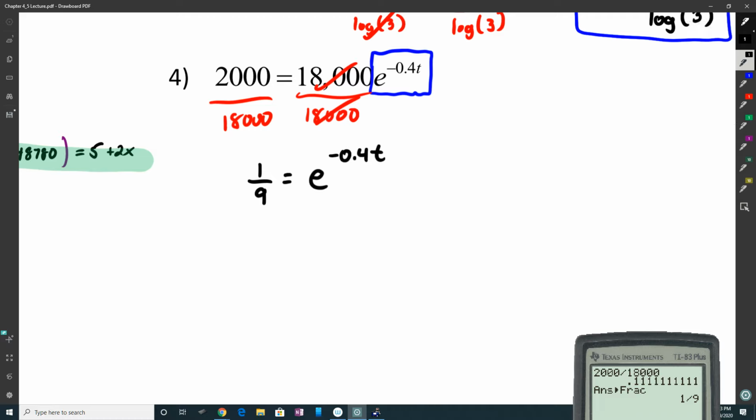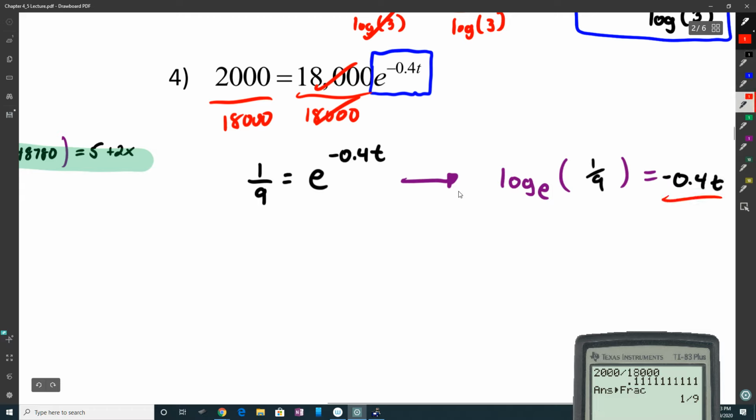And again, we want to solve. So if you're converting e, it would be log base e. And the inside and the outside switch places. The answer is 1/9, so the answer goes on the inside. The inside is negative 0.4t, so negative 0.4t. And notice from there, you can just divide by negative 0.4.